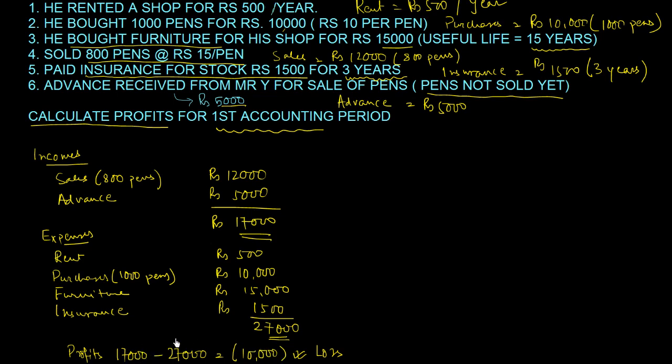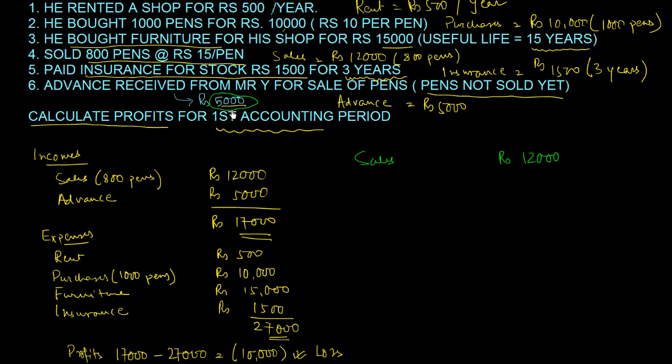Now let us see how a learned accountant who knows the matching and accrual concept of accounting calculates the same profit. He will record the sales at the same amount, because sales is rupees 12,000 only. But will the accountant who knows the accrual concept record this 5,000 as an income?